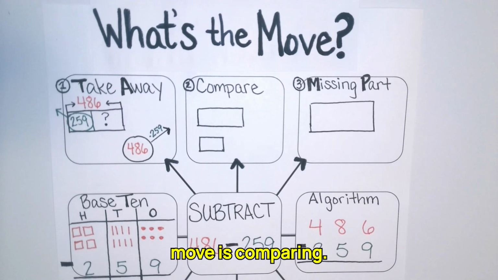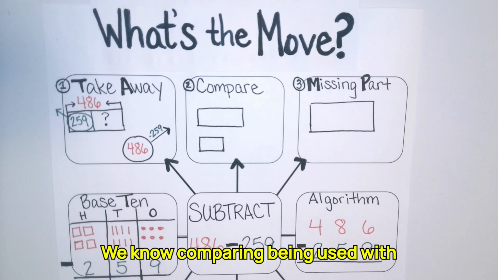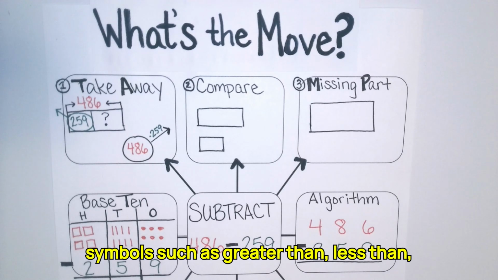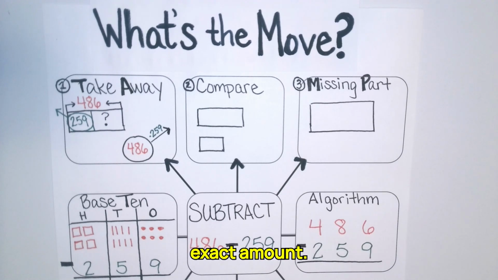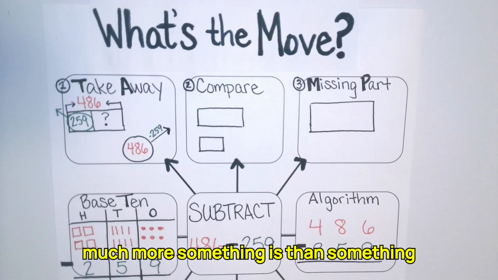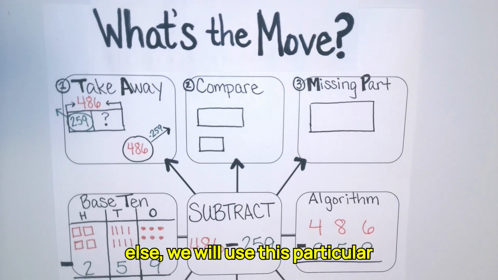Now our next move is comparing. We know comparing being used with symbols such as greater than, less than, or equal to. But when we want an exact amount in a comparison, like how much less or exactly how much more something is than something else, we will use this particular model.